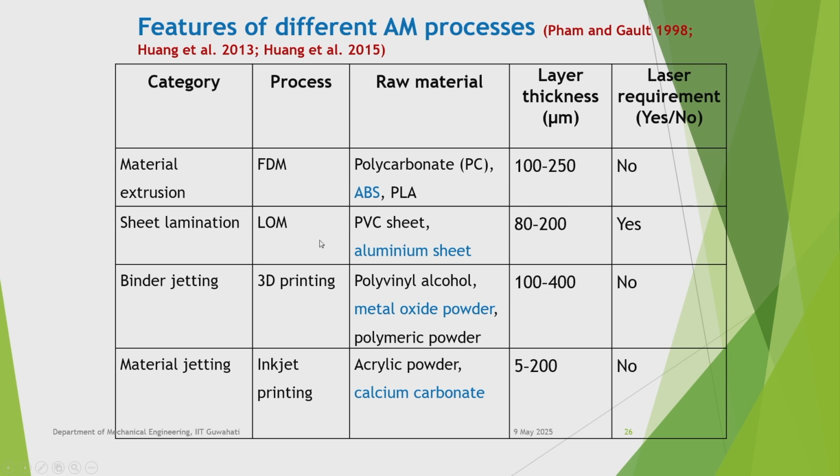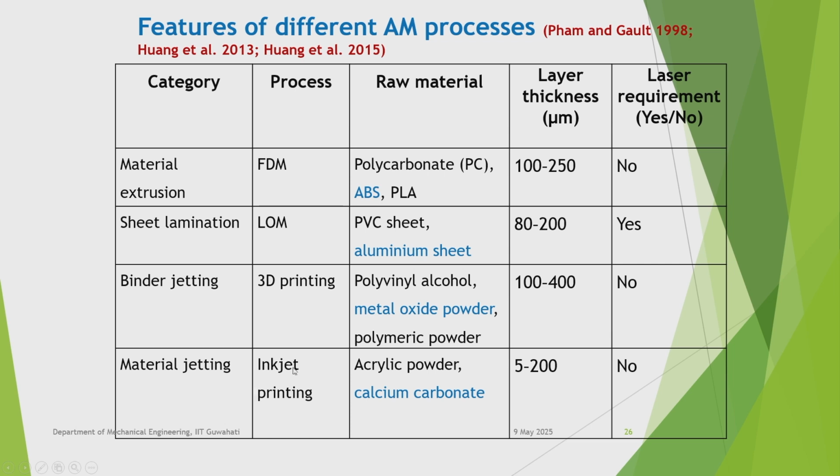In sheet lamination, LOM, PVC sheet and aluminum sheet can be used, and layer thickness is 80 to 200 micrometer. 200 micrometer means 0.2 mm, and a laser is required. In binder jetting, we have 3D printing, in which polyvinyl alcohol, metal oxide powder and polymeric powder can be used, and layer thickness is 100 to 400 micrometer. A laser is not needed.